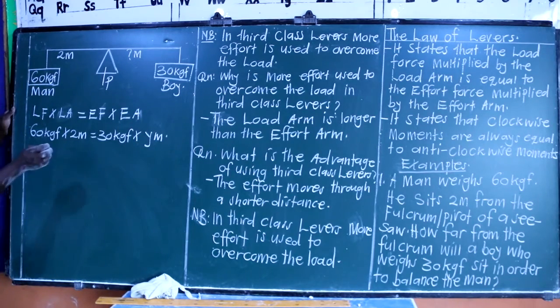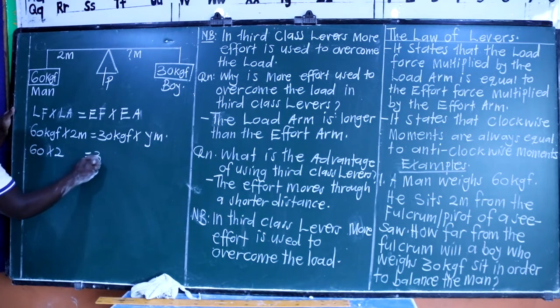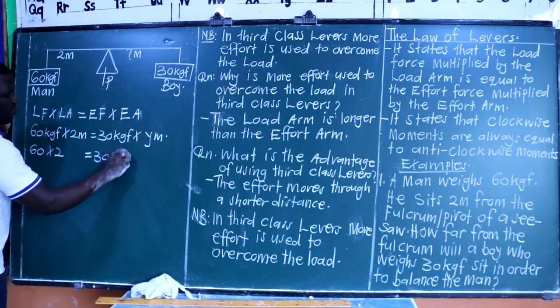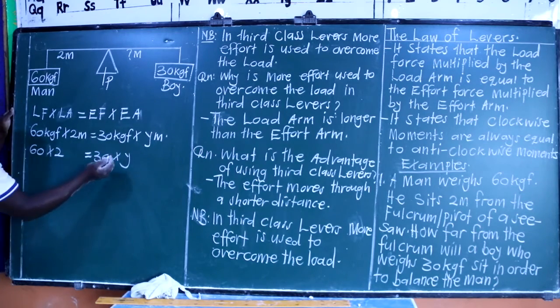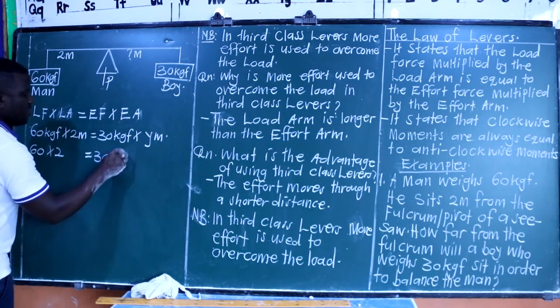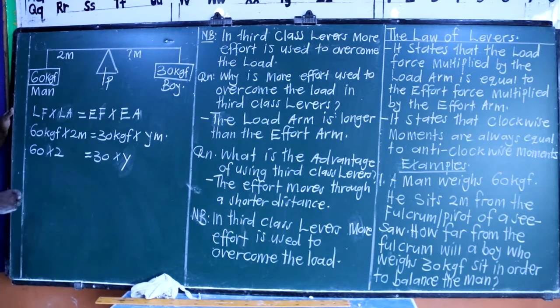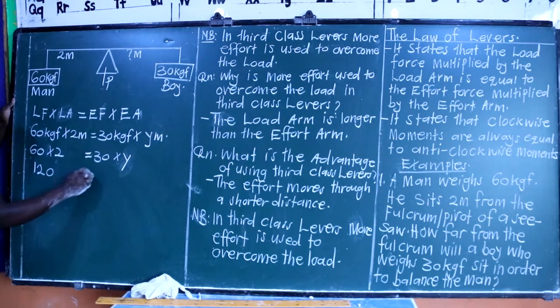So we substitute and say 60 times 2 is equal to 30 times y. 60 times 2 is 120 equals 30y.